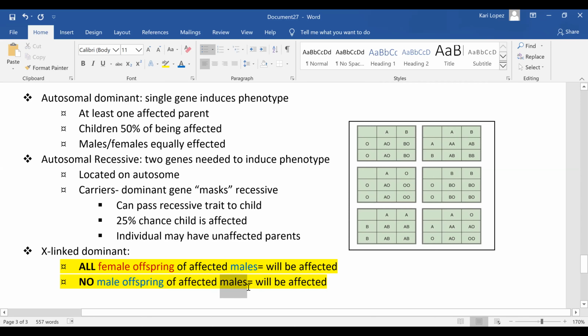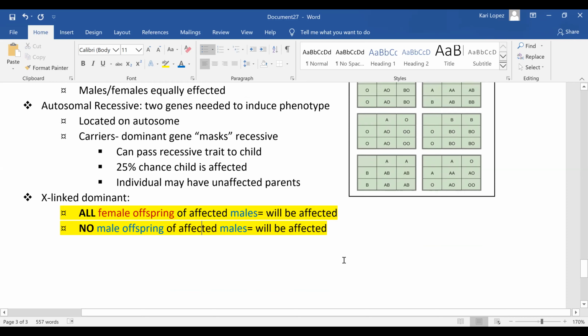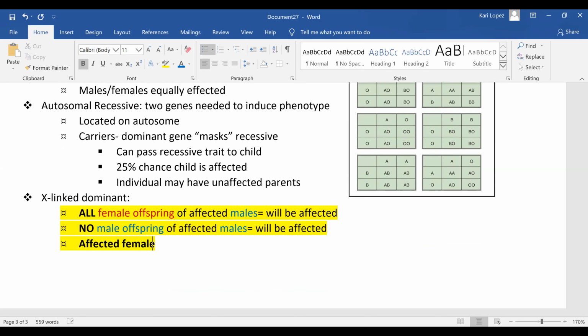An affected female has a 50% chance of having an affected child.